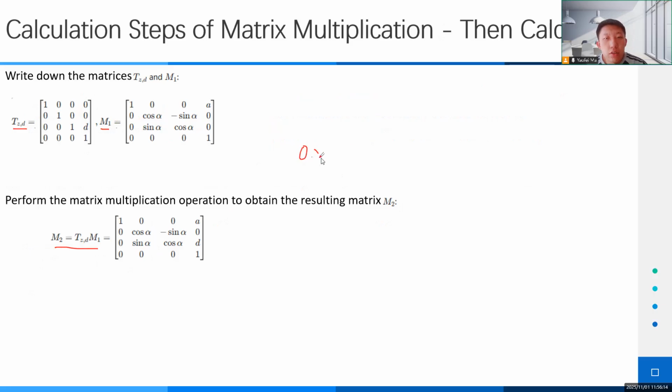It is 0 times a, plus 0 times 0, plus 1 times 0, plus d times 1, which is d. After calculating each element, we get M2, which is this.